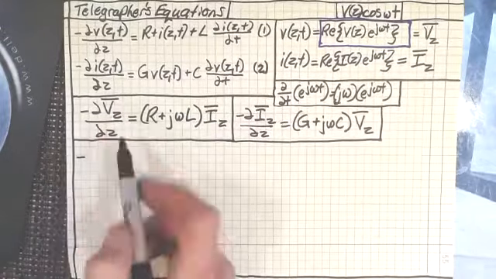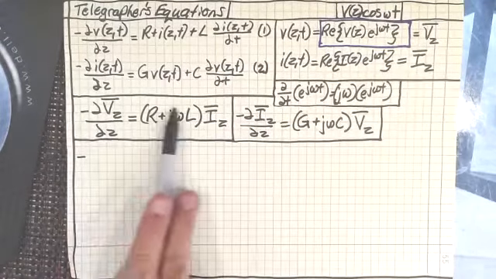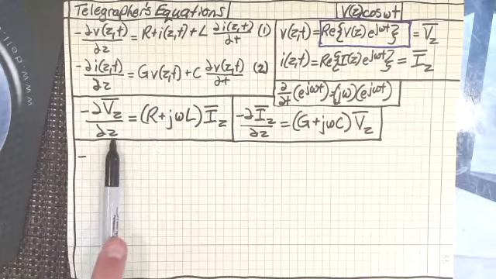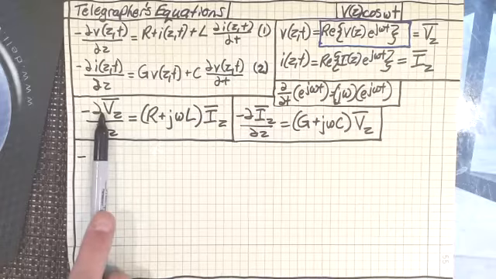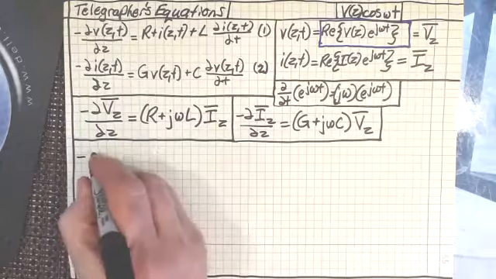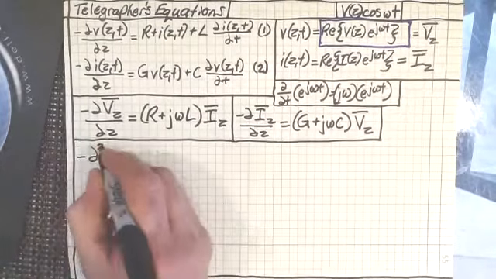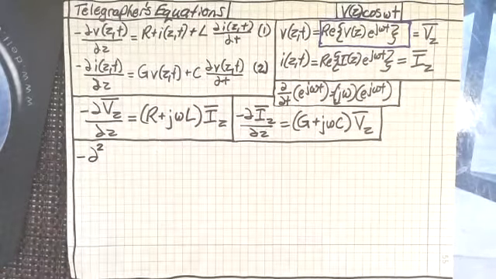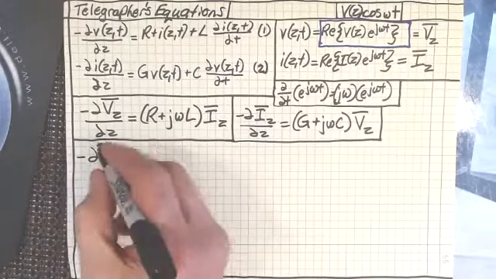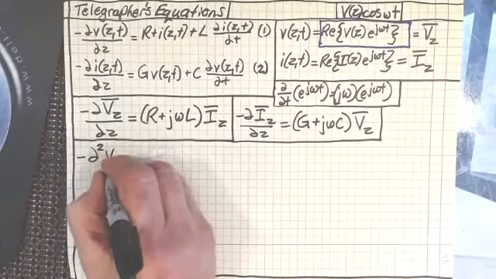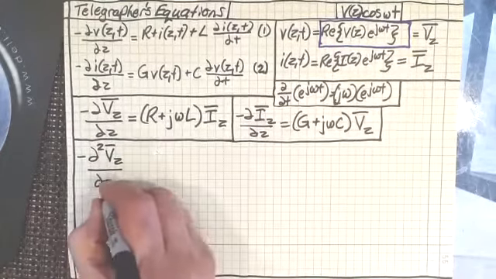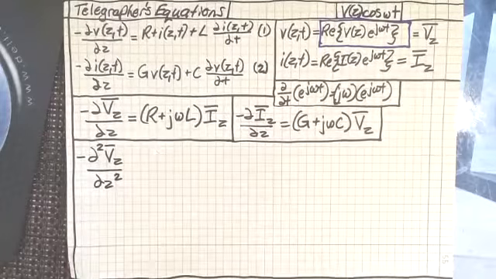Minus, I'm going to take this equation right here, and I'm going to take the second derivative with respect to z of the function v bar of z. Of course, when I take the second derivative, the 2 goes on the derivative, and the square goes on the z.